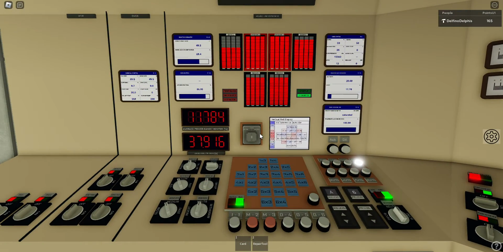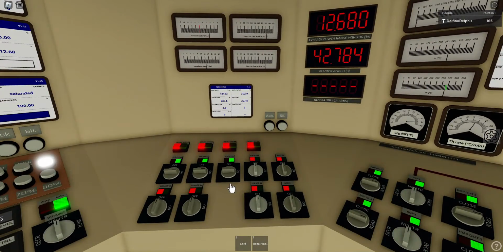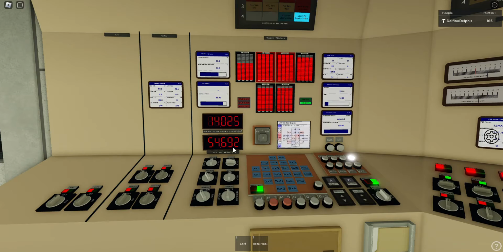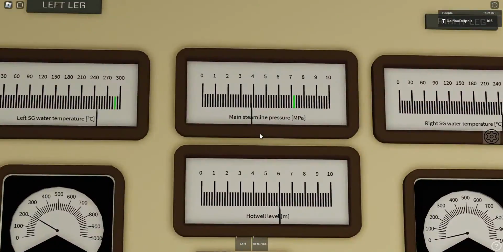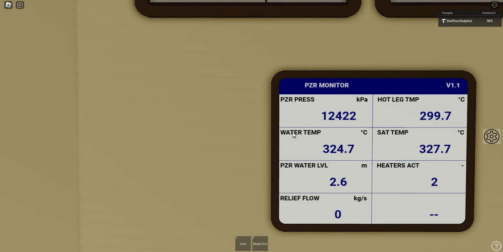10%. Okay, this is the moment that I can safely switch off the heater. Let's see what happens. Nothing special is happening here because it doesn't have such a strong effect now. The reactor is mostly heating us. Okay, let's see. We have 12 megapascals. This is fine.